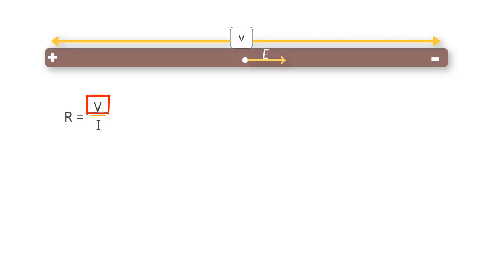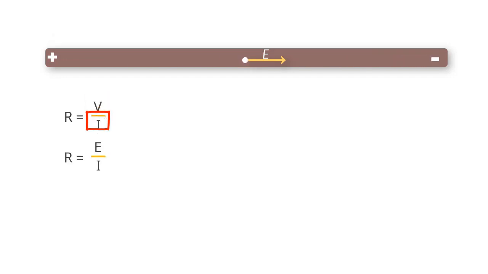So instead of saying that the potential difference V is driving the flow of charge between these 2 points, now we are saying electric field E is pushing the charge at this point. Then in the denominator, we can take current density J at this point rather than the entire current through the resistor.